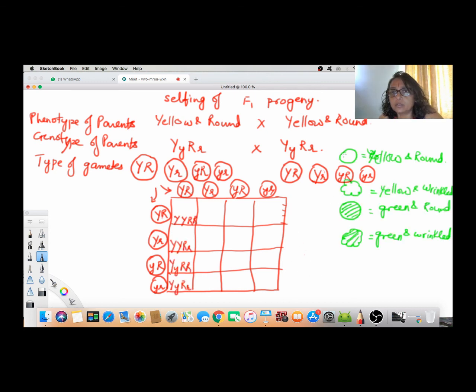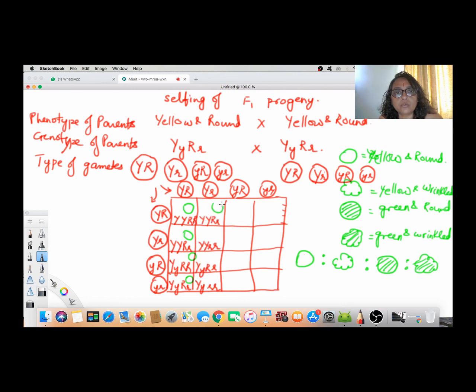Now the ratio of these four would be the answer for the dihybrid cross. So now what is this? This is yellow round. This one yellow round. This one yellow round. This one also yellow round. Likewise we will write the products.